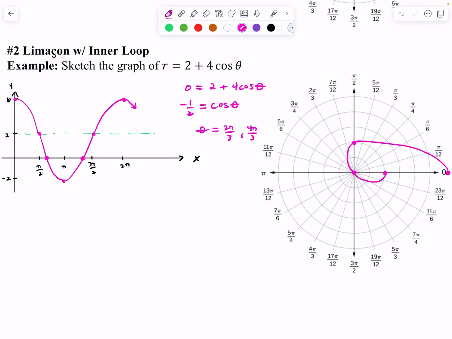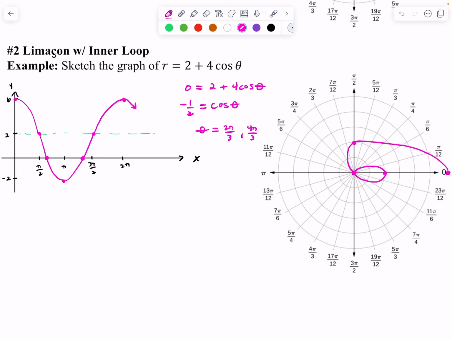And then when we look at the angles to the right of pi, between pi and 4 pi over 3, we are getting negative values of r again. So the loop kind of comes around. And then at 4 pi over 3, we're back at r equals 0.